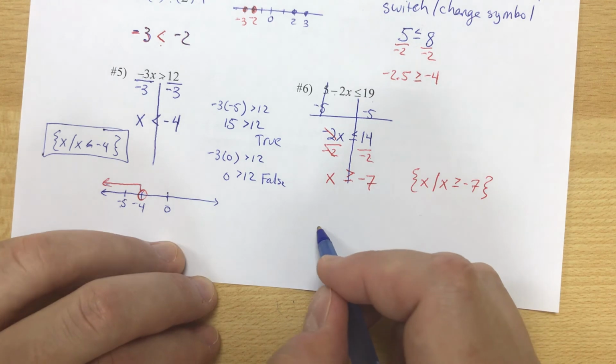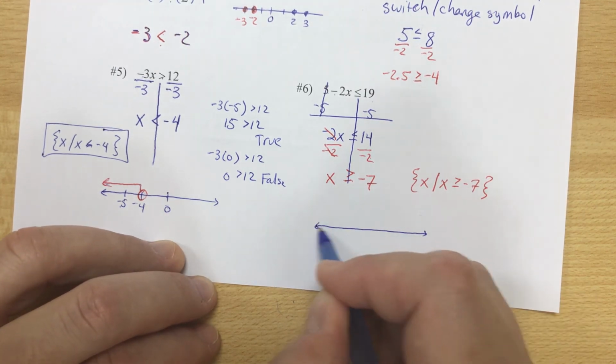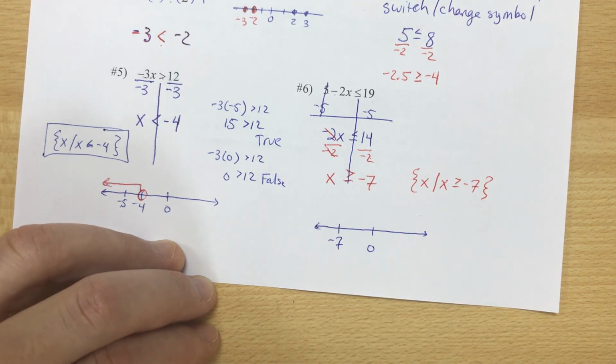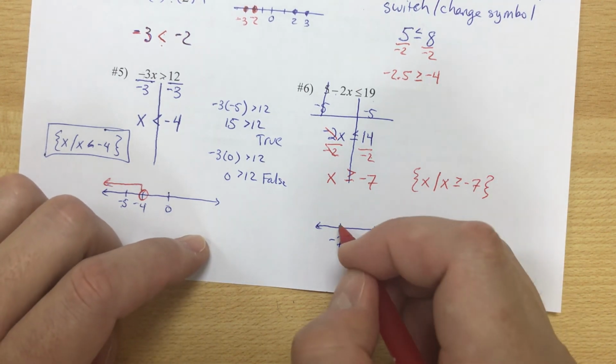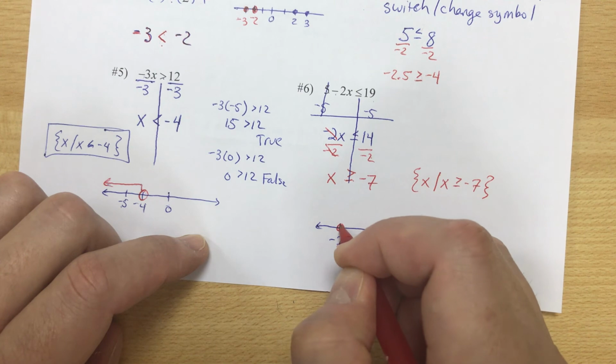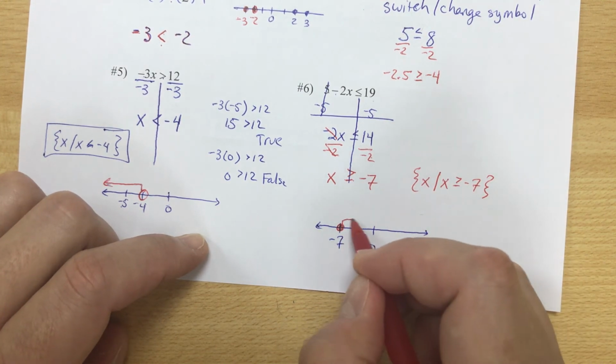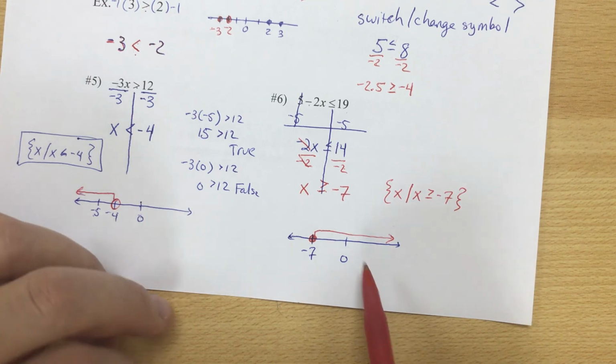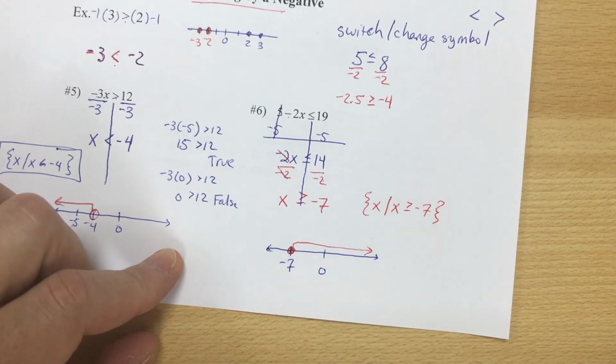How do we graph it? We draw the number line. Here's 0. Here's negative 7. Greater than or equal to is closed, and greater than goes to the right. Now again, if you want to check, let's pick a number. Let's pick 0. That's easy.